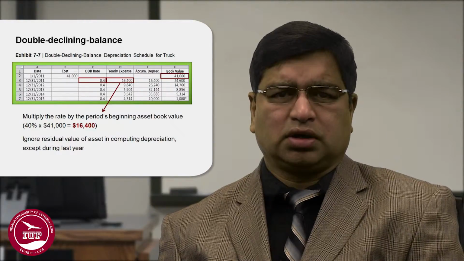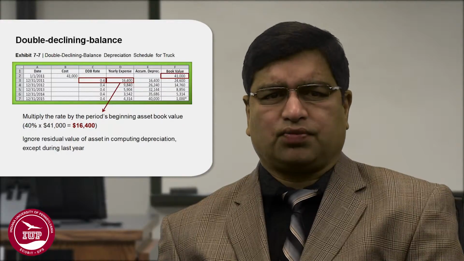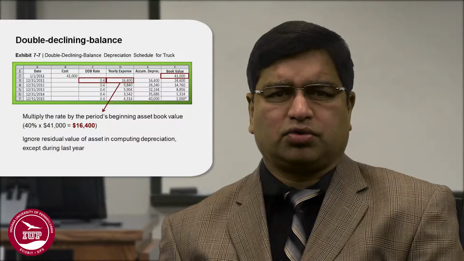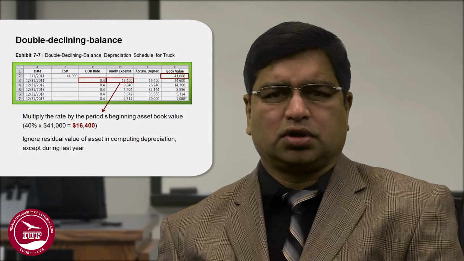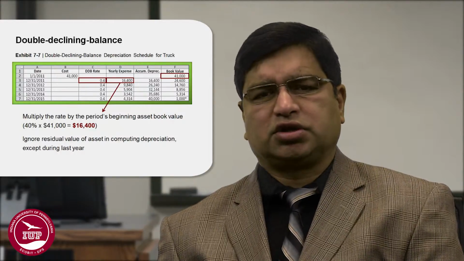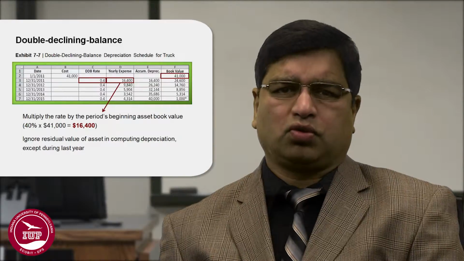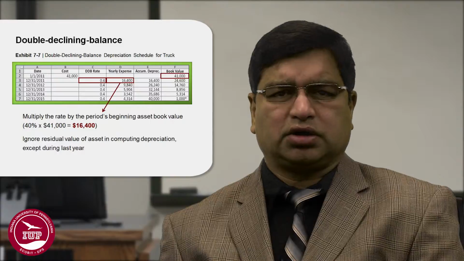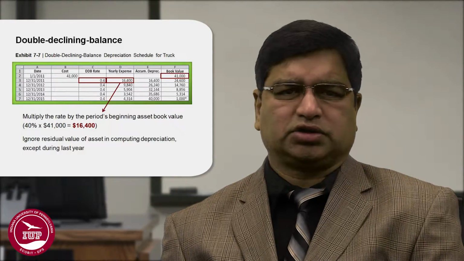So once again, in this case, you took the 40% of the book value to come to 16,400. That's why, since it is being charged on the declining book value and it is double the normal rate, it is called the double declining balance method.